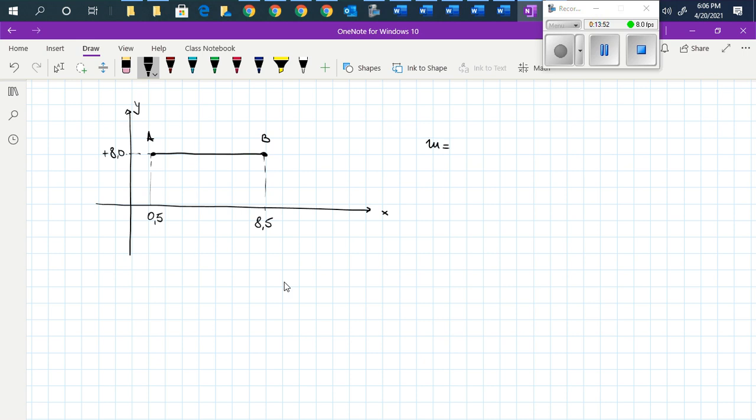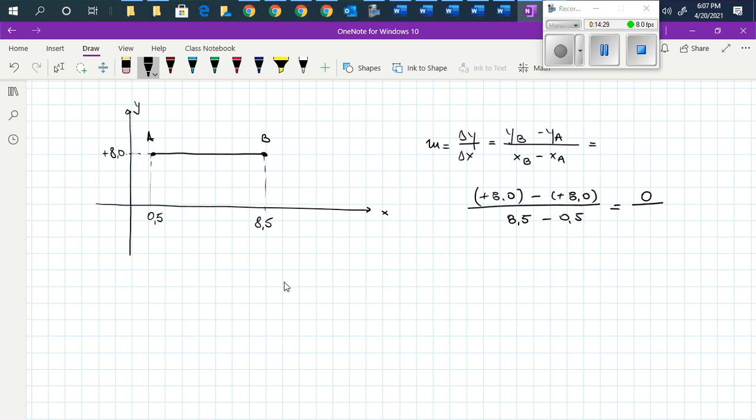The slope of this line is again given by the formula, which you have in your formula sheet: y of b minus y of a over x of b minus x of a. So y of b is positive 8 minus positive 8, which is y of a, over 8.5 minus 0.5. So positive 8.0 minus positive 8.0 is 0, over 8.5 minus 0.5, which is 8.